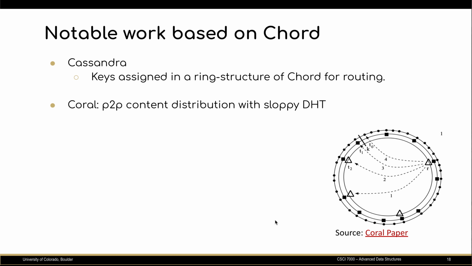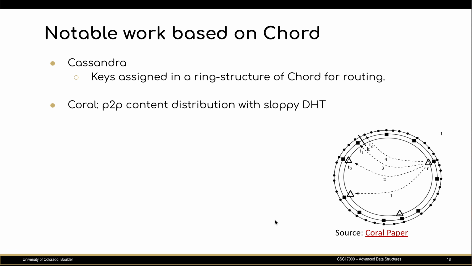Coral, which is a P2P content distribution, geographically distributed network, has a sloppy concept of a distributed hash table. The figure on the right shows that. It follows a concentric ring-like structure. The inner rings, the ones with the smaller diameter, are more sparse, and the outer rings are more dense.